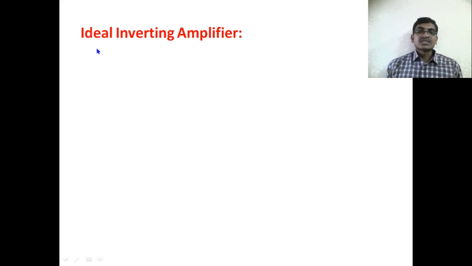So first we will see the ideal inverting amplifier. Ideal in the sense there are no losses in that configuration. The gain of our op amp will be equal to infinity, input resistance is equal to infinity and output resistance is equal to 0, like that we will consider in the ideal case.